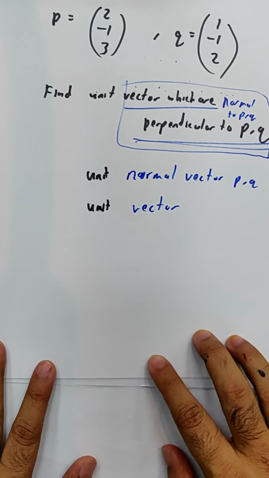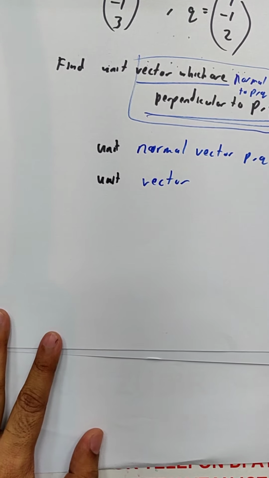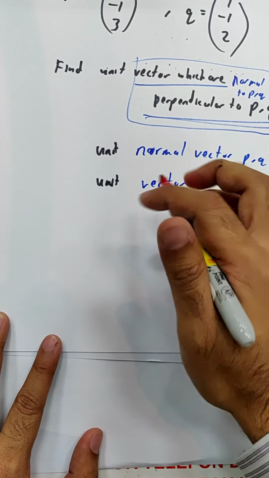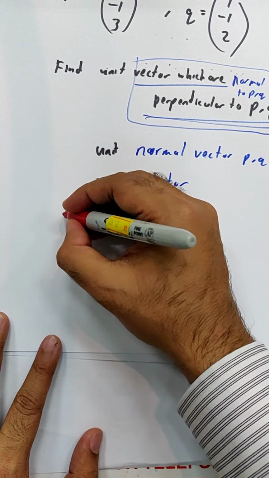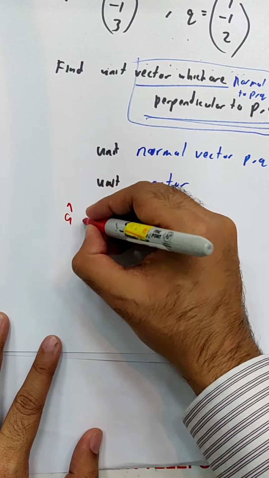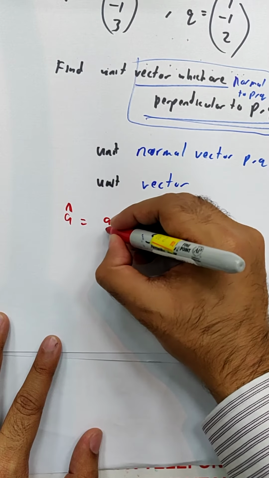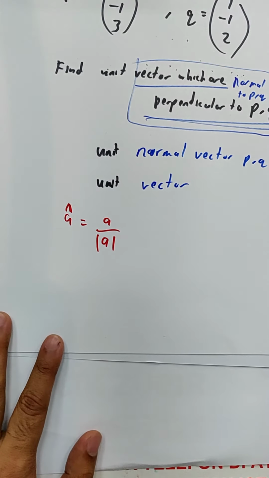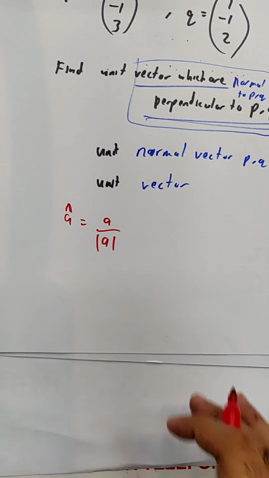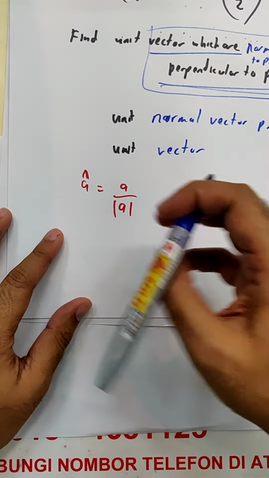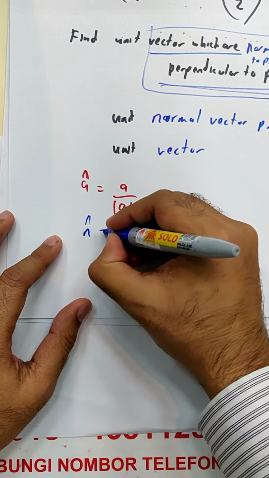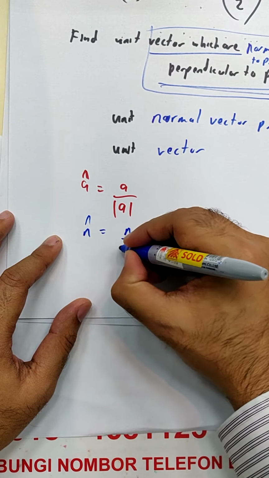The n hat, right? The formula for unit vector is a hat, which is a over modulus A. That's the formula of a unit vector. So right now we want the unit normal vector, so it becomes n hat, n over n modulus.